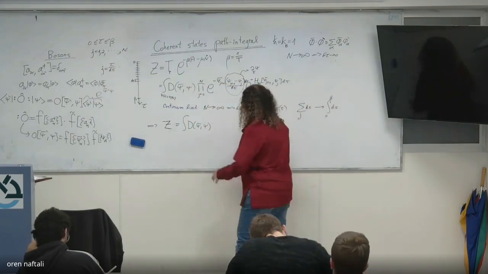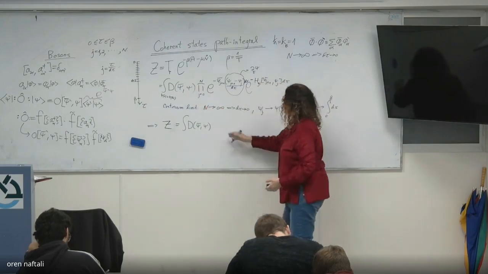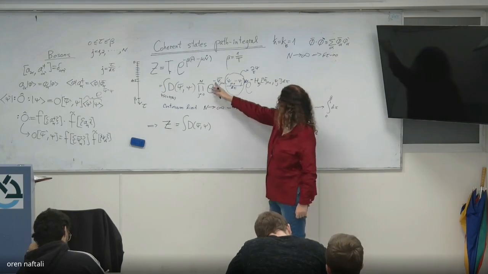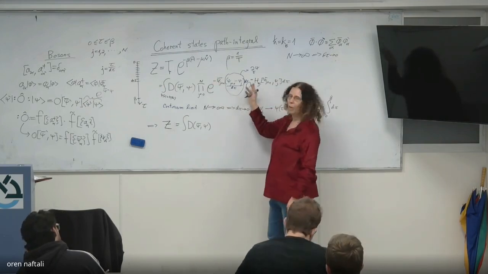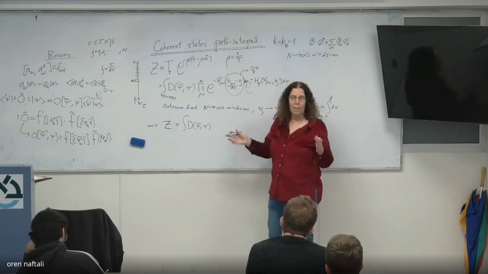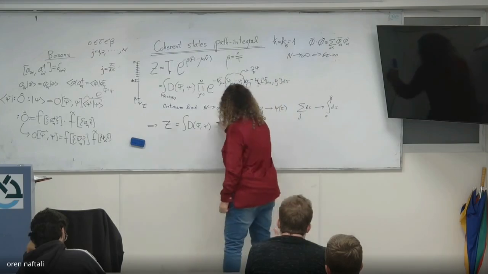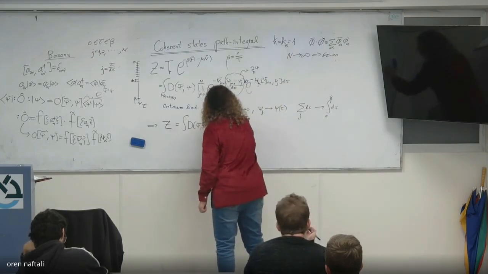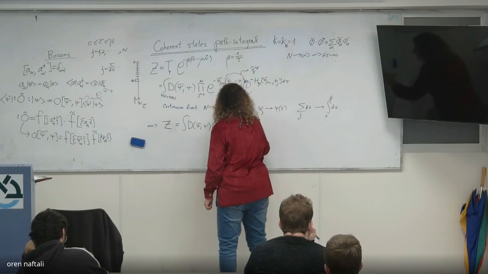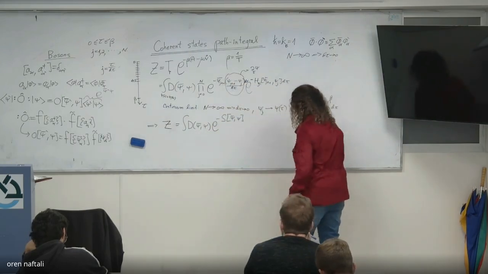Altogether, I'm going to get from this object an exponential of something, or more correctly, an exponential of minus something, because I have the overall minus sign here. This something, I call an action. So it's e to the minus S of psi. Now let me define what this action is.